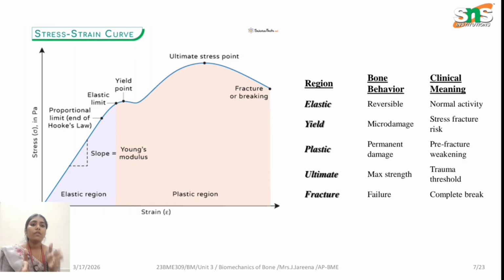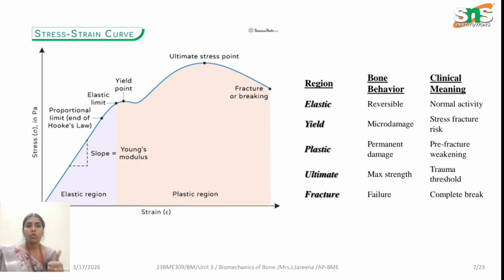Then if you still keep giving pressure, the ultimate point goes into the fracture. That is the actual point where your bone breaks. So these are the different regions you can see for the given stress in the strain curve: elastic, yield point, plastic, ultimate, and fracture.